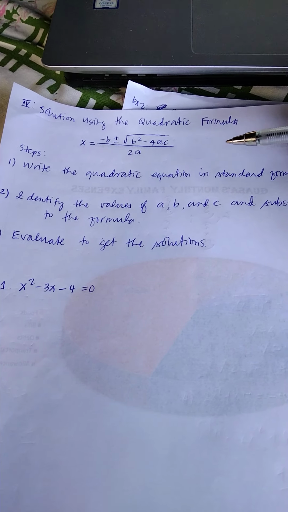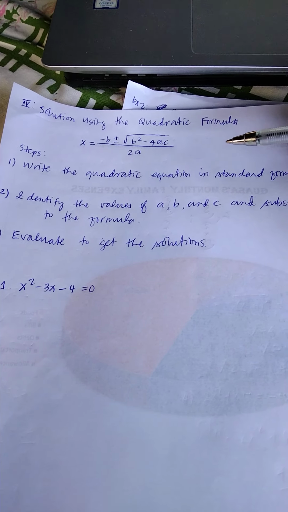Okay. Let's evaluate. We continue solving. Negative times negative 3, so that is positive 3, plus minus, negative 3 squared is negative 3 times negative 3, that is 9. Negative 4 times 1 is negative 4, times negative 4, that is plus 16.